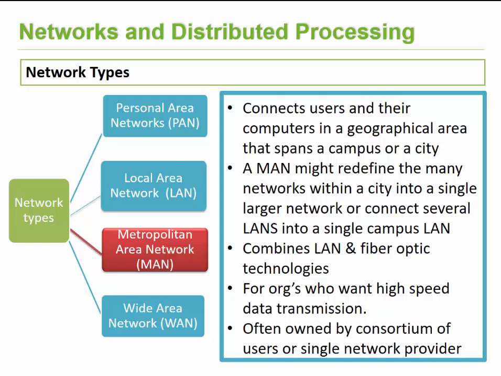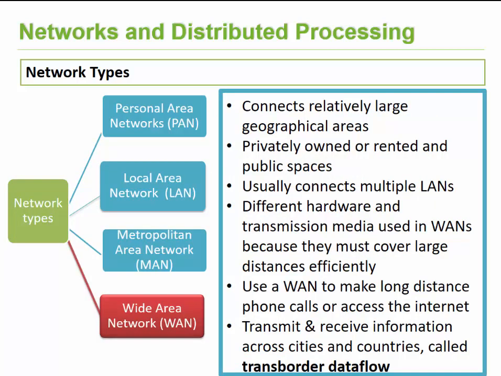The last network that we're going to look at is a wide area network. Now, wide area networks are actually the largest network types that we do have, and these can typically be anything, all the networks in a country, in a continent or around the whole world. So there's various approaches or views on what can be considered a wide area network. So it's a relatively large geographical area. It can be privately owned or rented or public spaces.